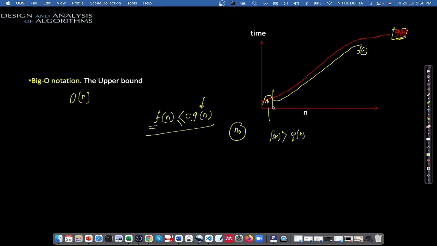But beyond this value, which is considered n naught, the initial starting point, for values of n greater than n naught, the function g(n) is always higher than the function f(n). So in that case, g(n) is considered the upper bound of the algorithm under consideration, that is, algorithm A.